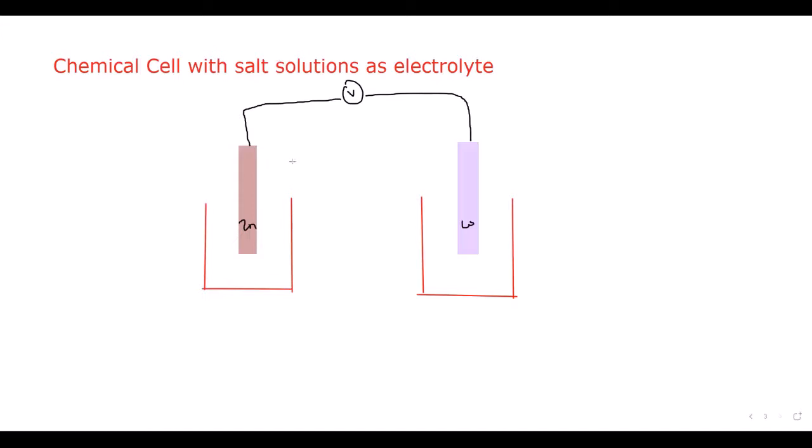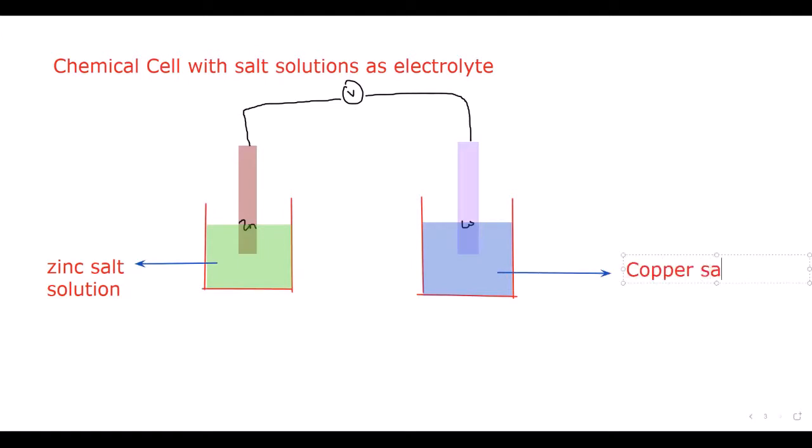Because we are using a salt solution as the electrolyte, one container has a zinc solution, another one has a copper solution. So this is the zinc salt solution, whereas the other one is the copper salt solution.